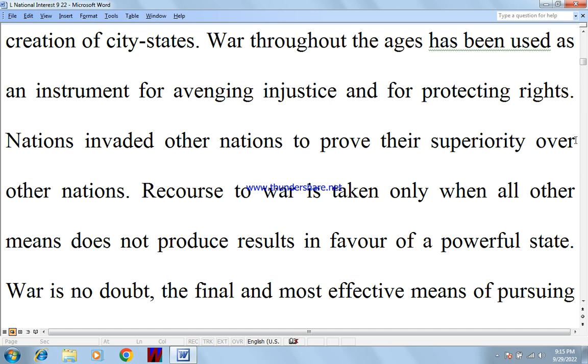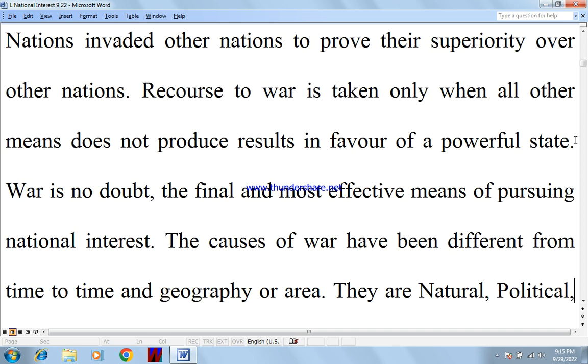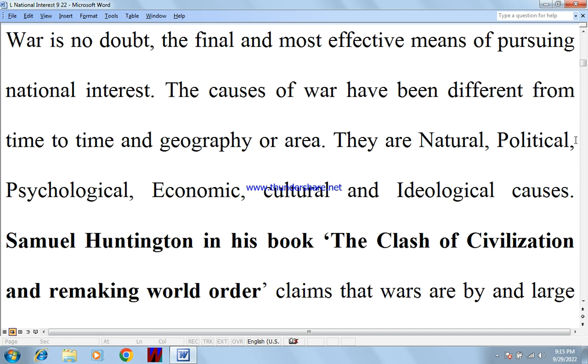Nations invaded other nations to prove their superiority over other nations. Recourse to war is taken only when all other means do not produce results in favor of a powerful state. War is no doubt the final and most effective means of pursuing national interest.